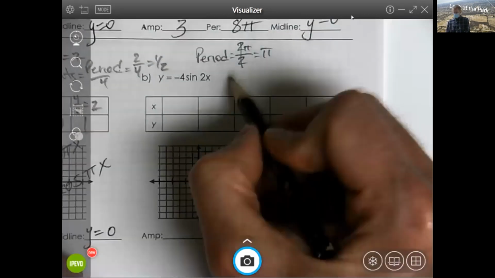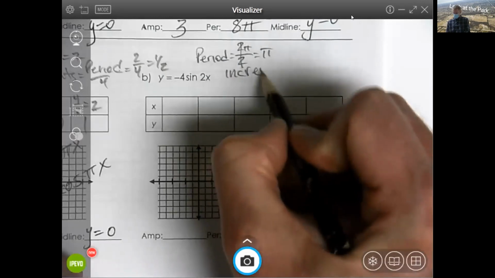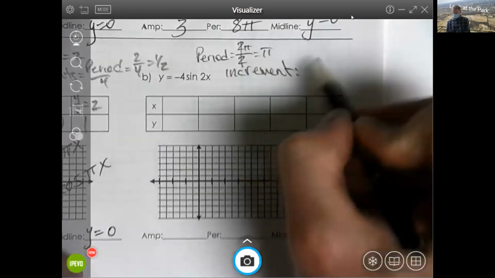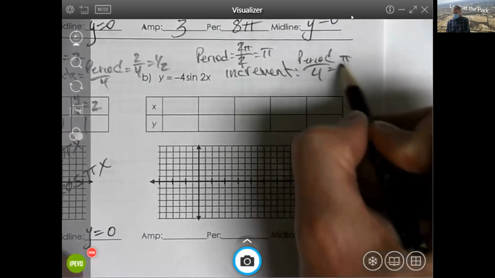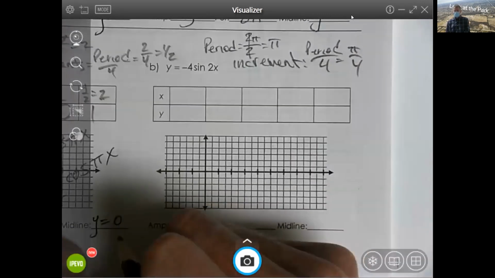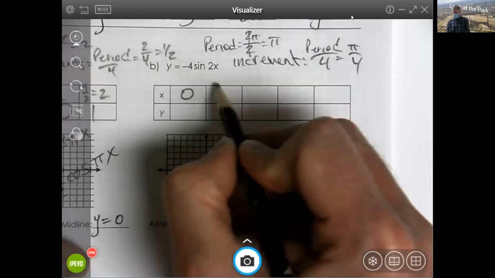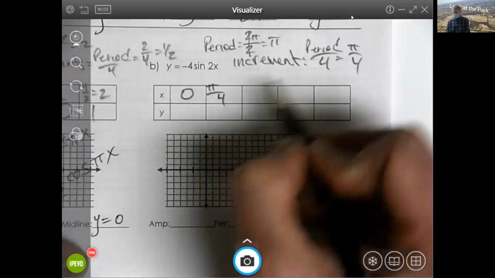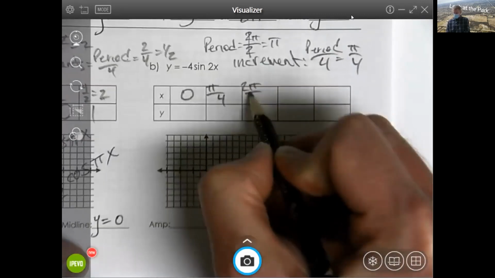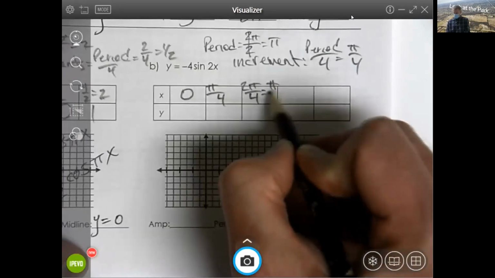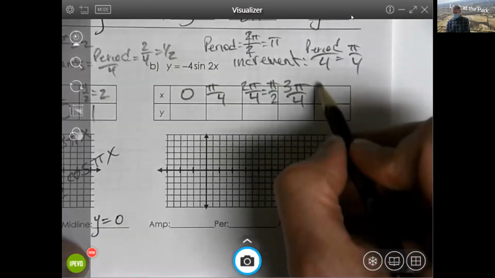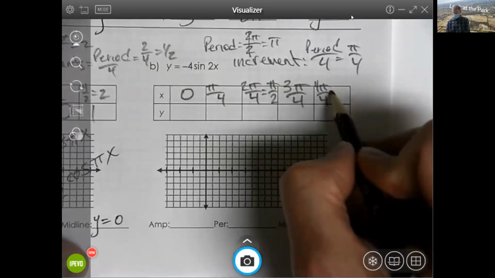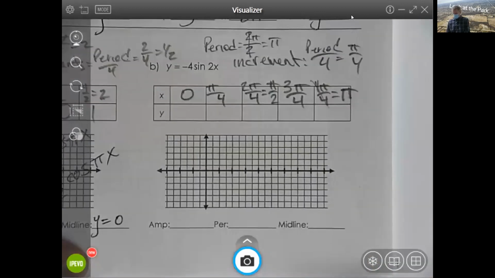So pi, our increment, is going to be the period divided by 4. So pi divided by 4. So what that means, we're going to go to 0, pi divided by 4, 2 pi divided by 4, which reduces to pi over 2, 3 pi over 4, and 4 pi over 4, which is just pi.